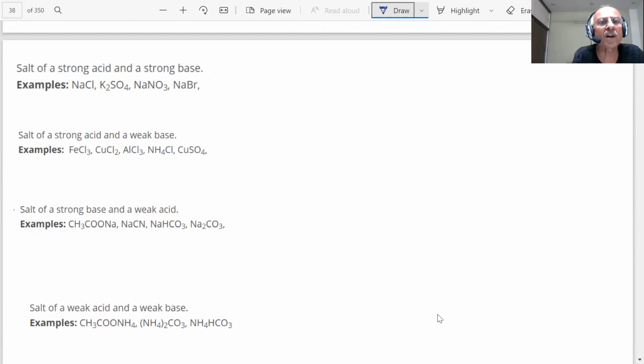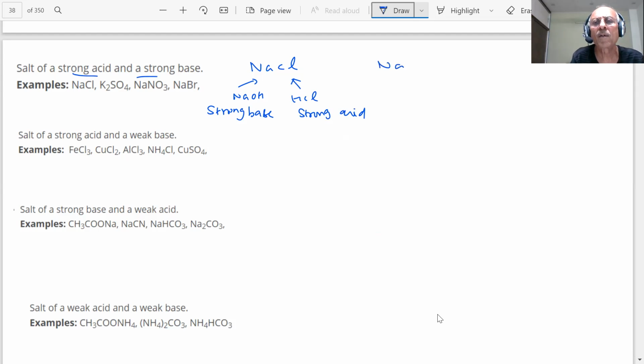For example, salt of a strong acid and a strong base. NaCl: the sodium ion is coming from where? NaOH. This is coming from HCl. This is a strong base and this is a strong acid. What about NaNO3? It is a salt. It is coming from NaOH and HNO3.